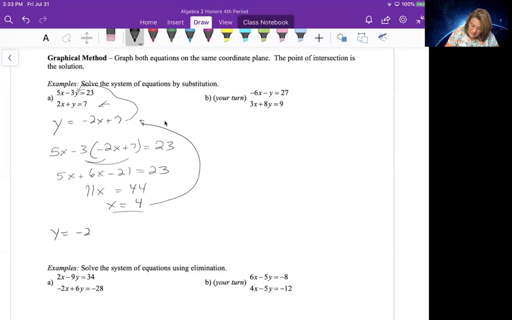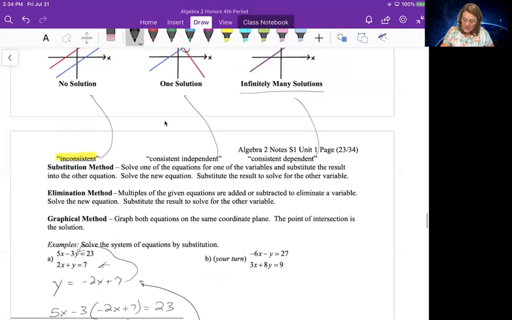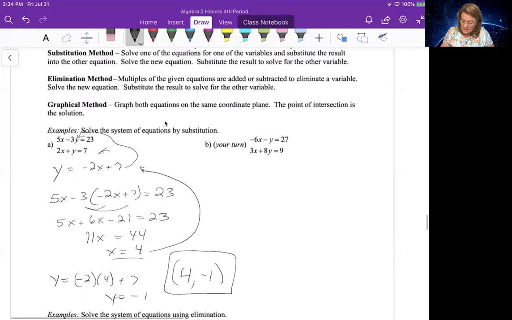I would find that y is equal to negative 1. And so here is my solution. That is the point at which the graphs of those 2 lines intersect, and there is only one solution. So it is considered a consistent and independent system of equations.